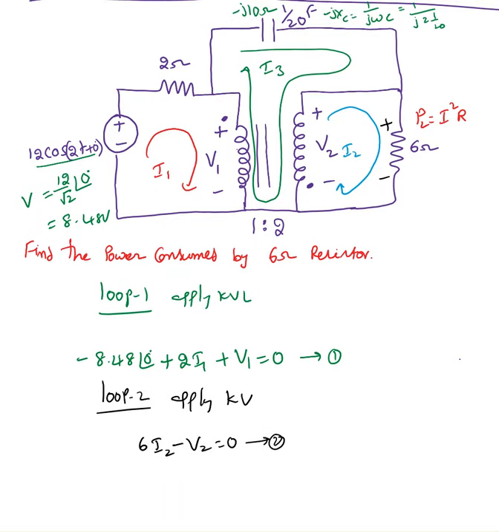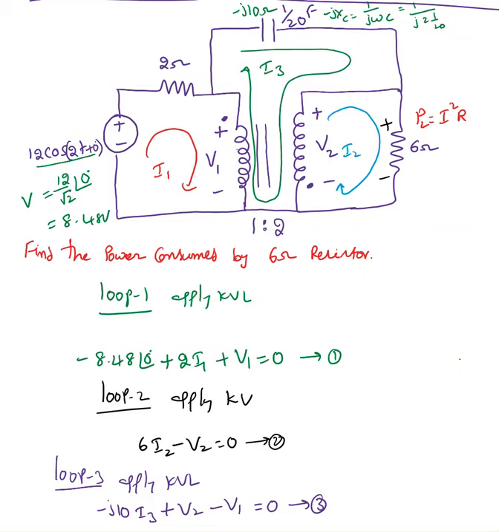Now loop 3, apply KVL. According to loop 3, minus j10 I3, plus V2 minus V1 equal to 0. This is my third equation. These are the 3 loop equations.